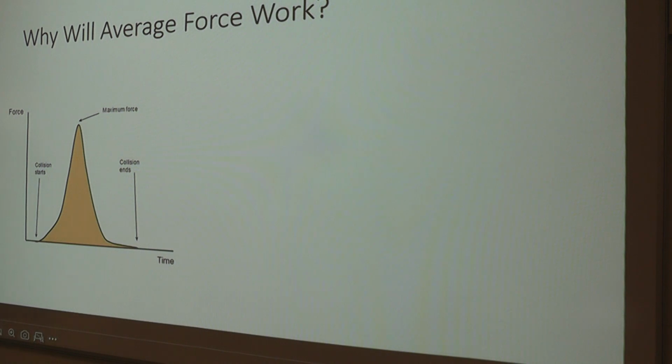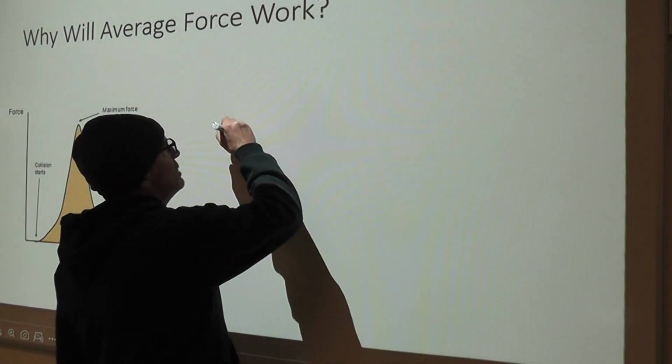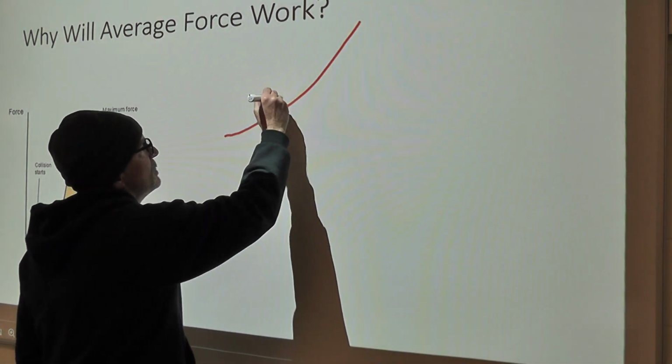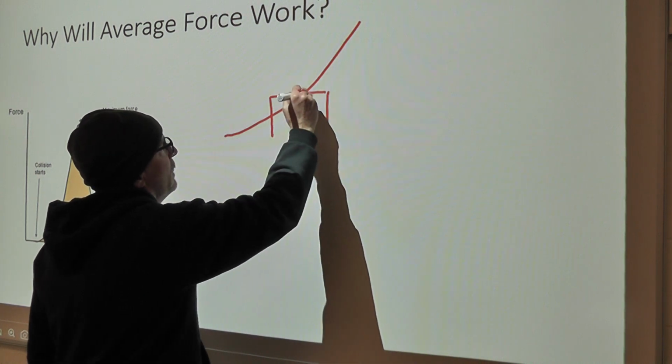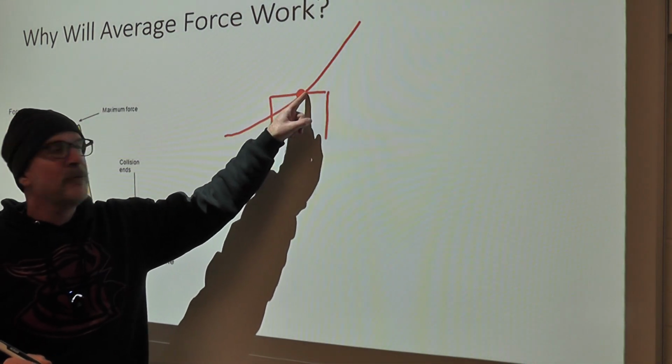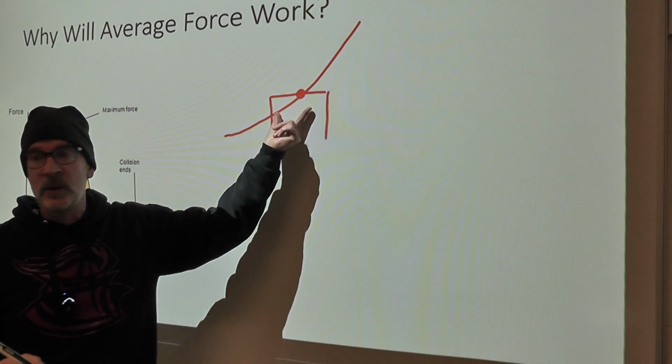So if we think about this curve as being composed of rectangles of even width, of even amounts of time, we can draw the rectangles so that the midpoint of the rectangle is at the average force for that whole section.